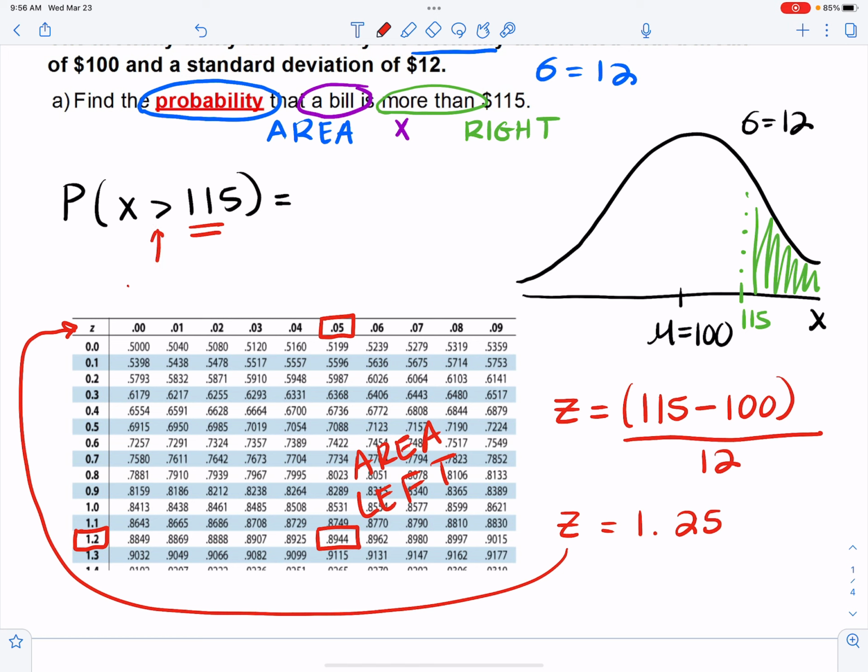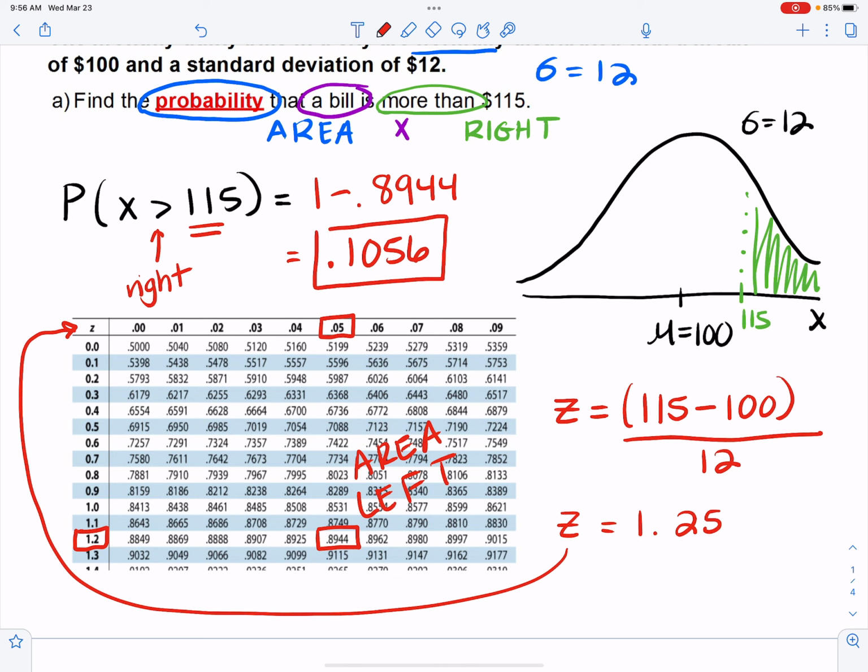So if I want to go to the right, which I do here because this is greater than, then what I have to do is take the area in my table and subtract it from 1. When I do that, I find that the area to the right, which is the same thing as the probability greater than, is 0.1056.